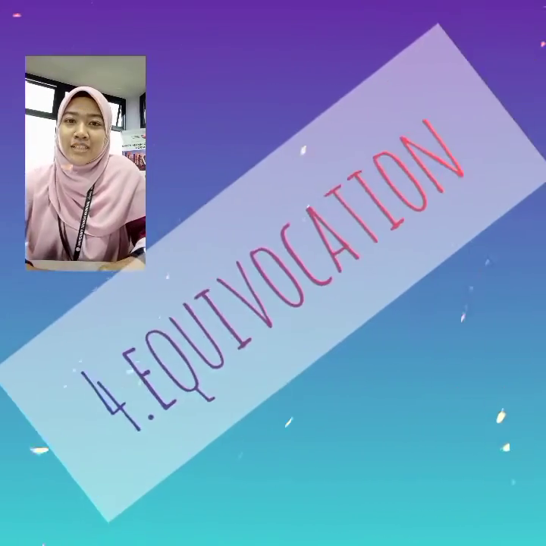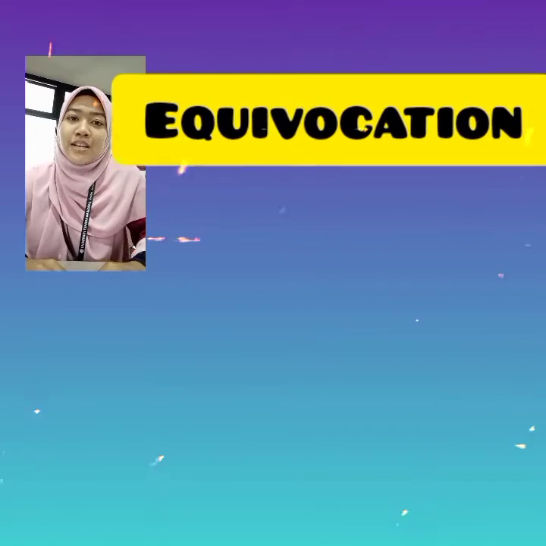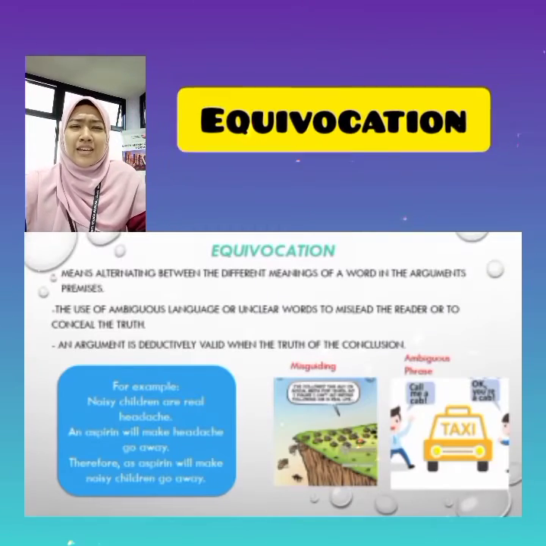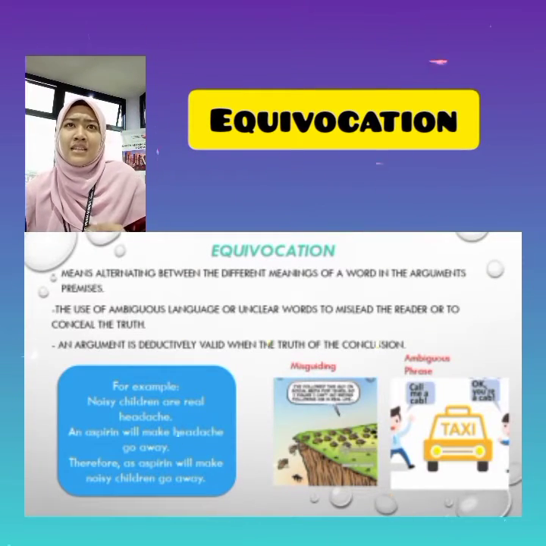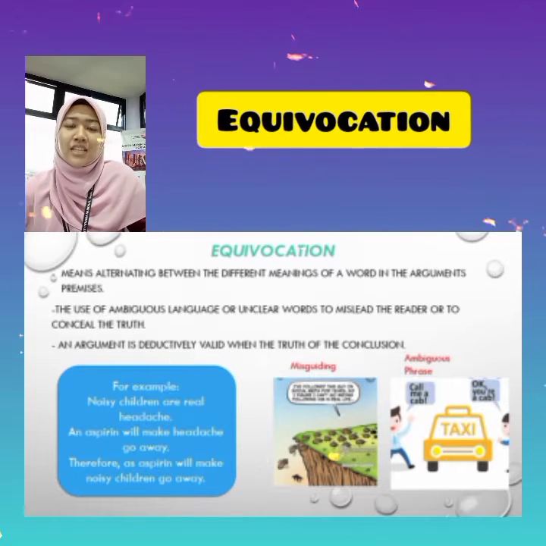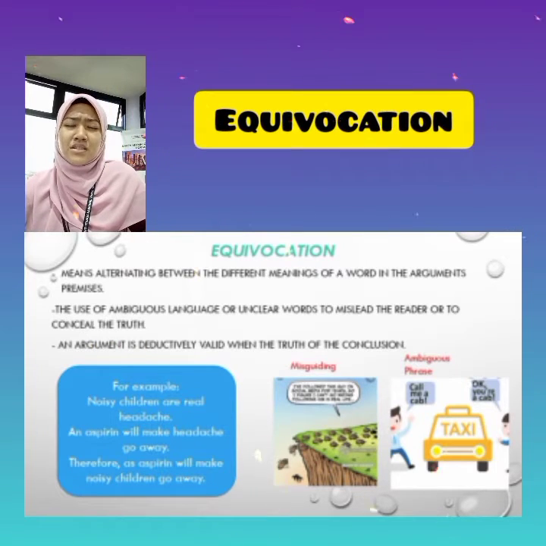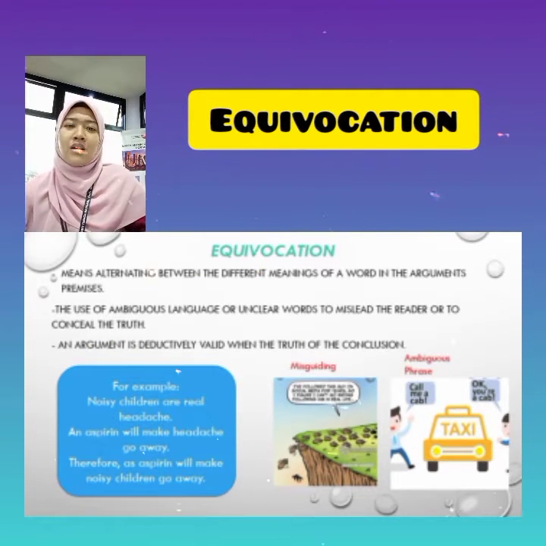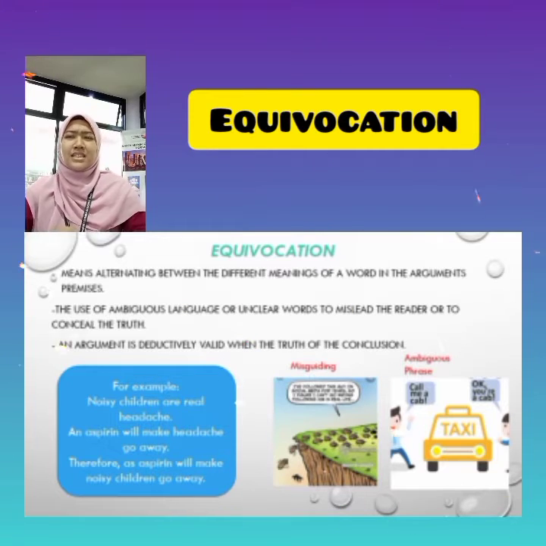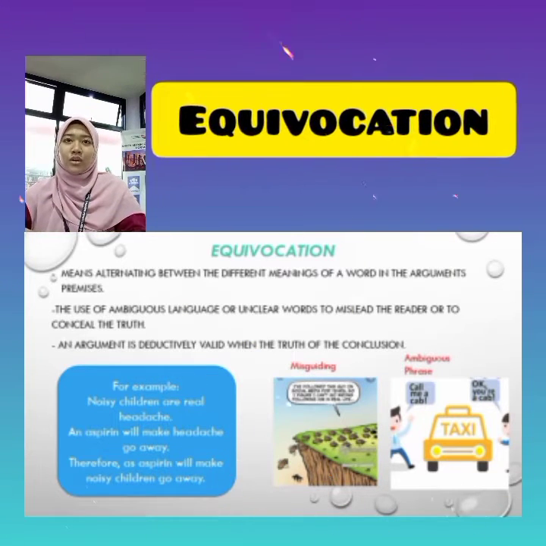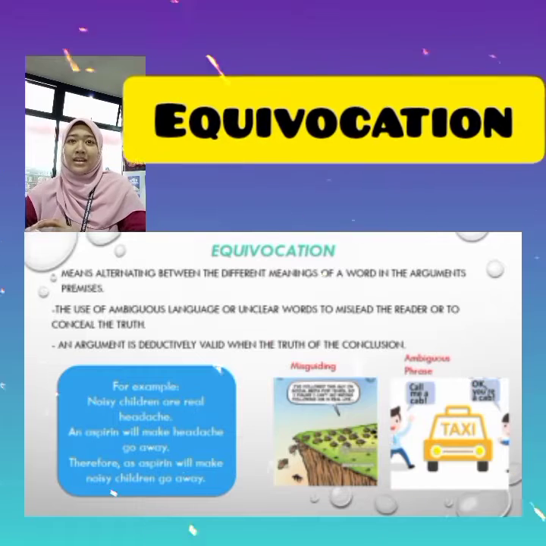We go to equivocation. It means alternating between different meanings of a word in the argument's premise, using ambiguous language or unclear words to mislead the reader or to conceal the truth.